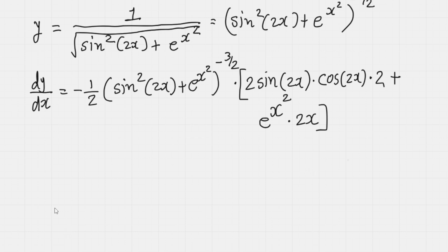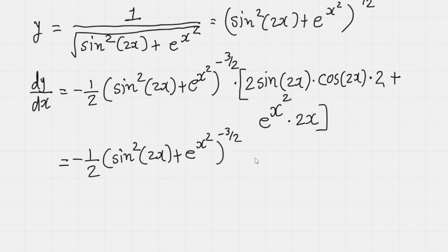Okay, now we have to simplify this. So it would be minus 1/2 (sin² 2x + e^(x²)) whole raised to minus 3/2. In the parenthesis we will have 2 times 2 would be 4.